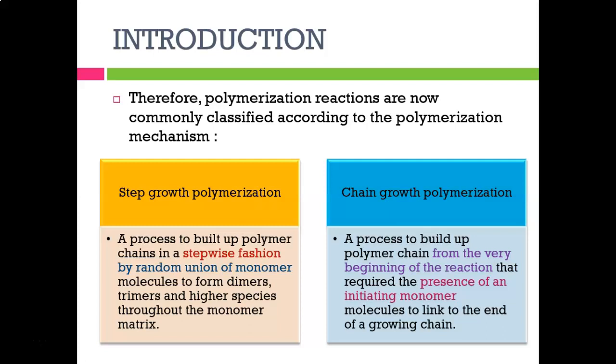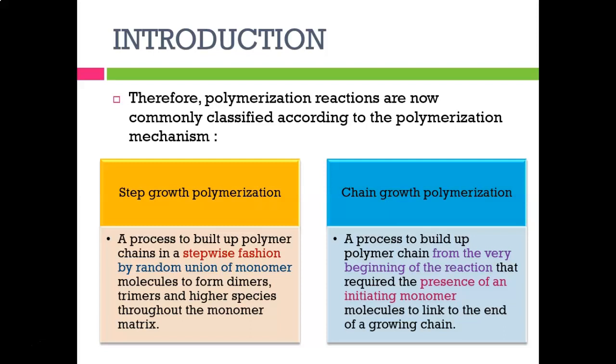So it means that to produce the polymer by step growth polymerization, the monomers react in a stepwise fashion, step by step, by random union, which is by random reaction between the monomers.